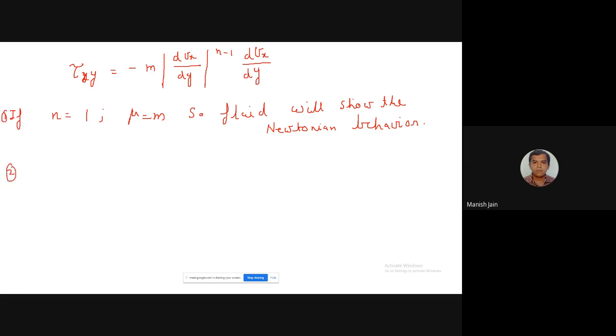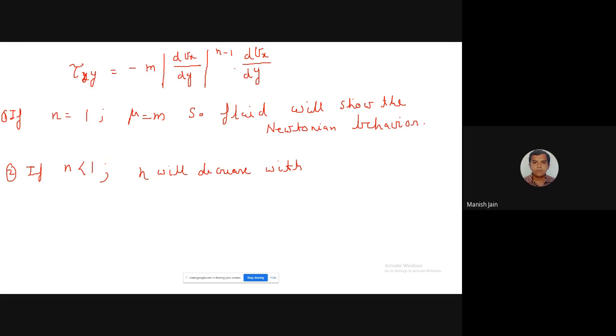Second case, if n is less than 1. Okay, so if n is less than 1, what will happen? The viscosity will decrease with increasing value of shear rate. Because n is less than 1, the power will become negative.